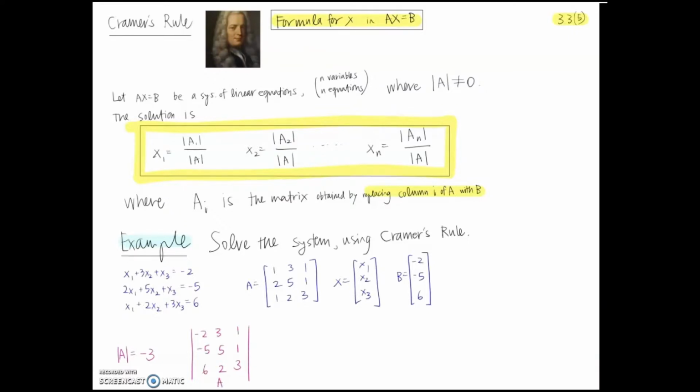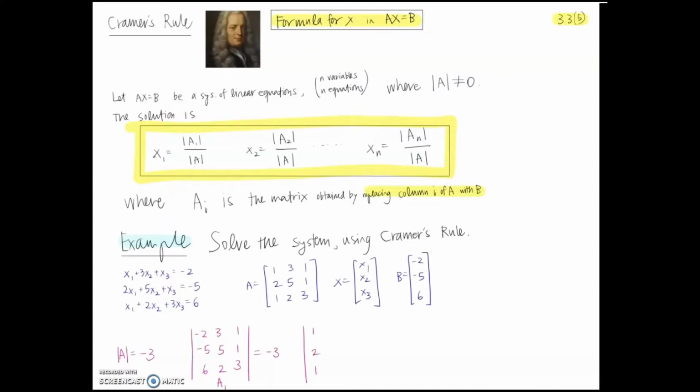This is A1, and I'm going to find the determinant of this. And interestingly, the determinant of that is -3. That won't always happen. It just is something of a coincidence that the determinant of A1 is the same as the determinant of A.